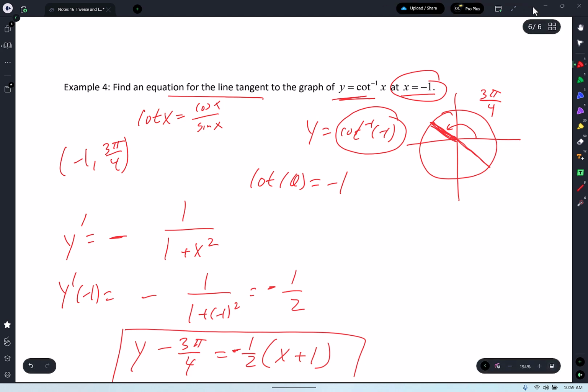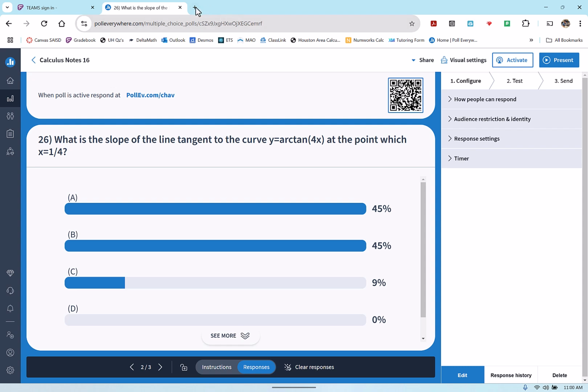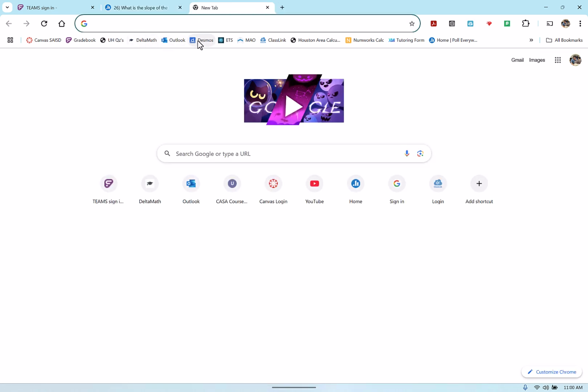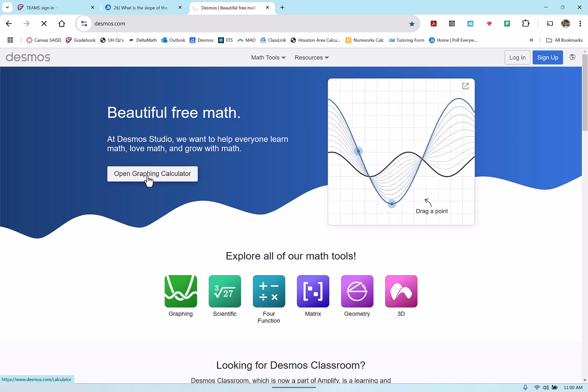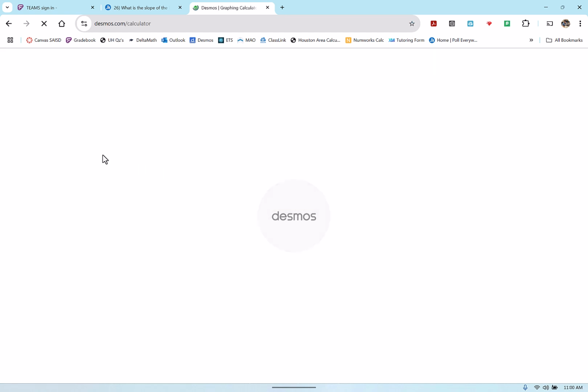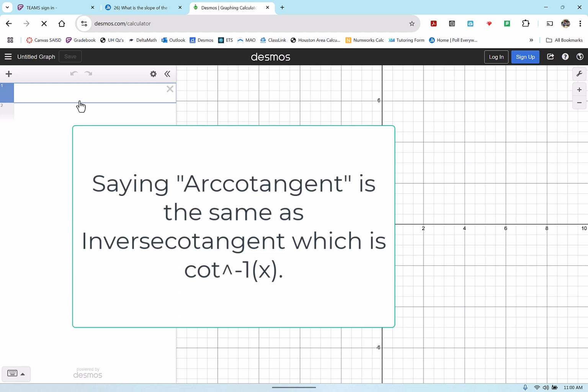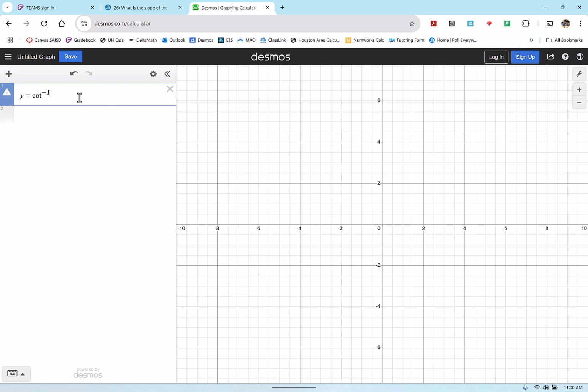Check it out, guys. I want to show you something. Keep doing what you're doing, but I just want to show you the Desmos graph for that. Check it out. y equals arc cotangent of negative 1 x.